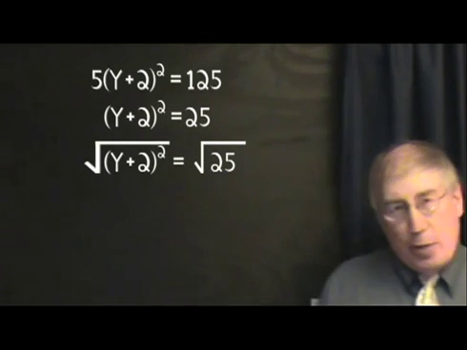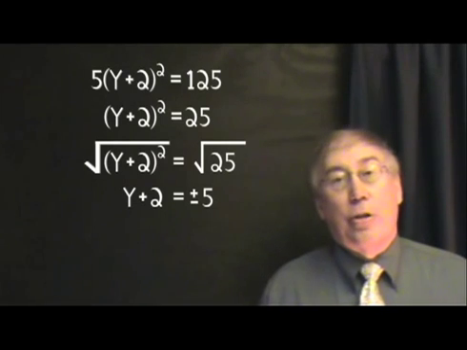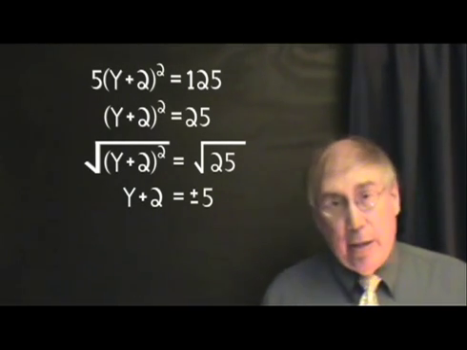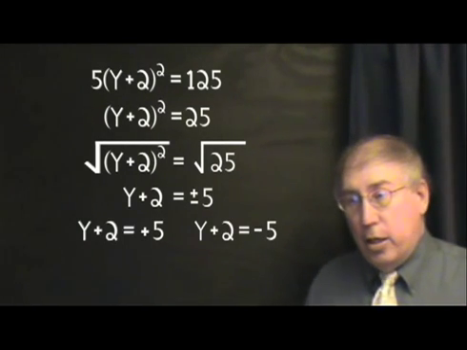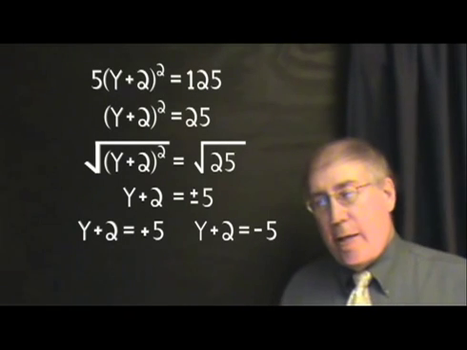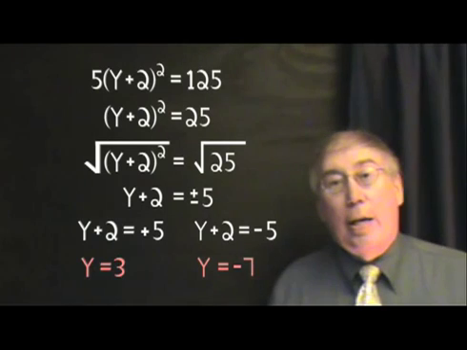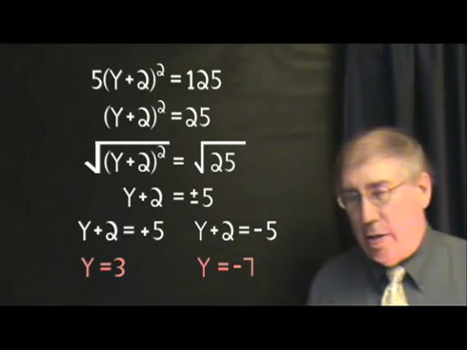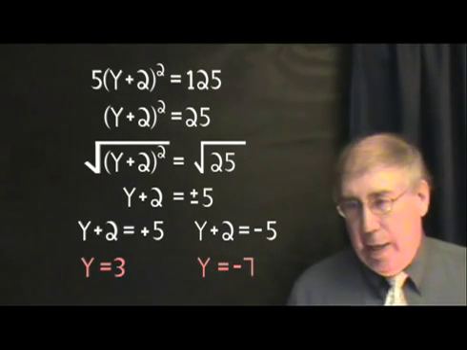The square root of the left hand side is going to be y plus 2, and on the right hand side we're going to get plus or minus 5. Let's do what we did in the past case. Let's set y plus 2 equal to plus 5 and to negative 5, and then we'll get y equals 3 and y equals negative 7 as our solution to this quadratic.